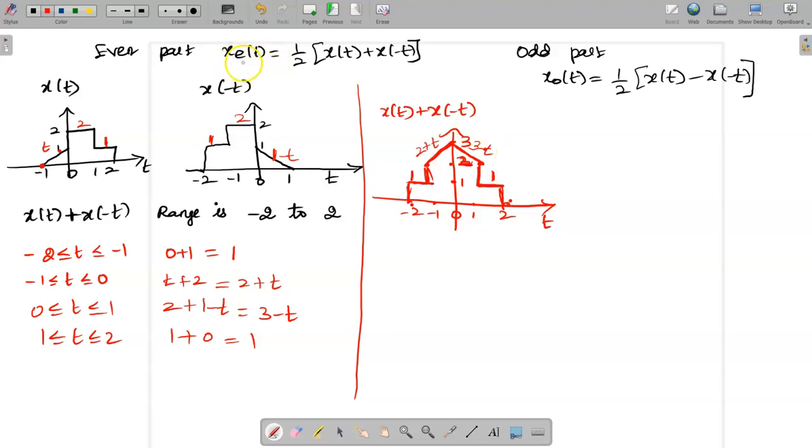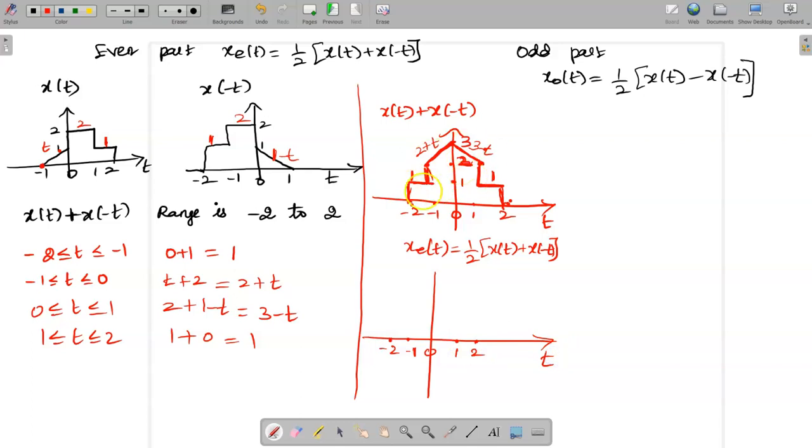Again, finally, xe of t is what? 1 by 2 into x of t plus x of minus t. So it is very easy to draw xe of t: just multiply the whole amplitude by 1 by 2. Take your time values as they are and draw the structure also.